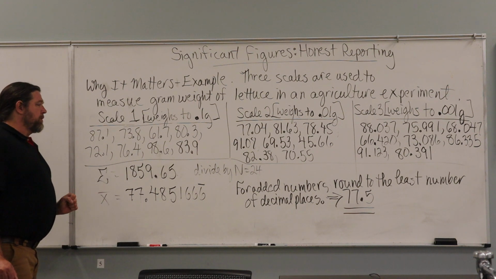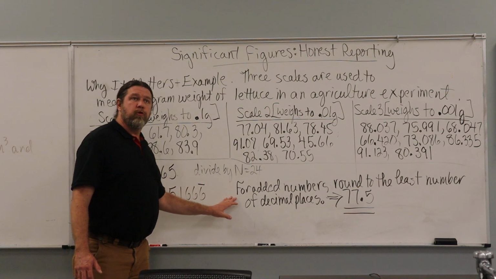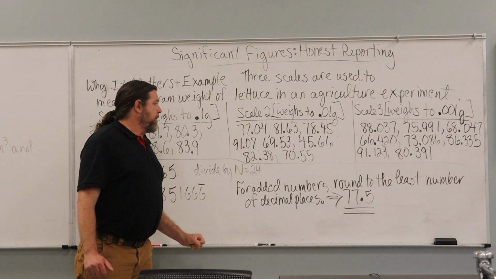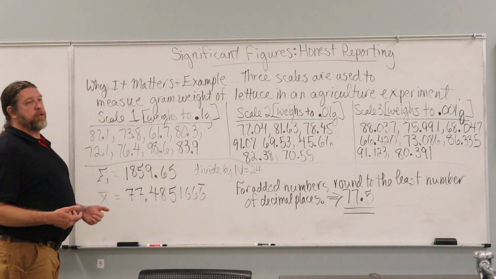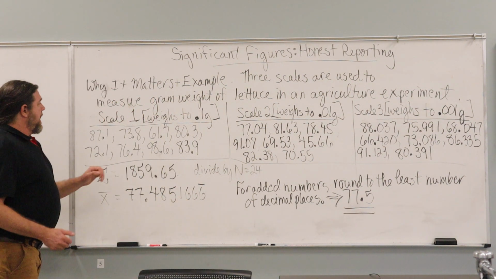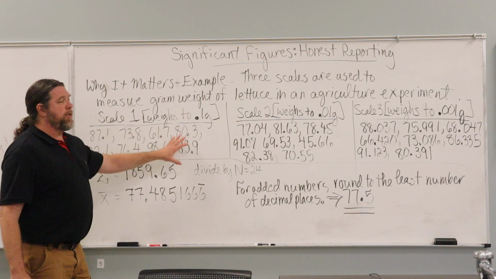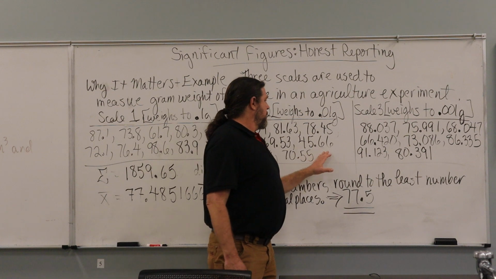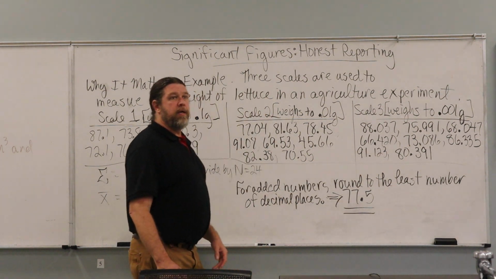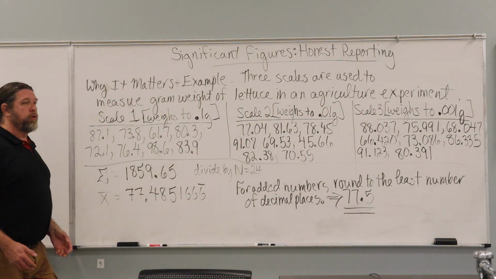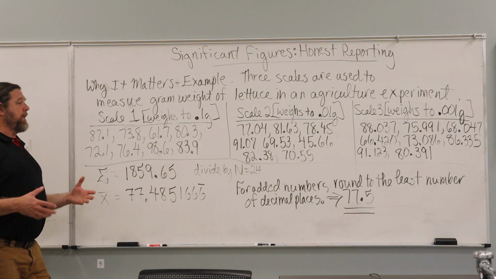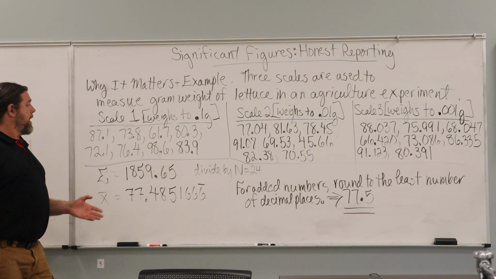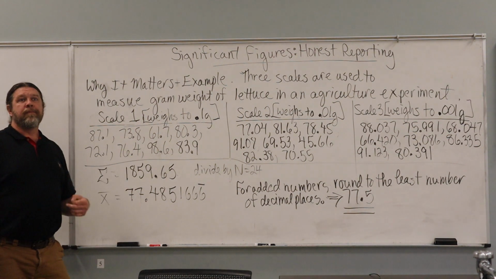In significant figures, the rule for added and subtracted values is that we round to the least number of decimal places. As we see here, these numbers were only to 1 decimal place, whereas these were to 2 and these were to 3.